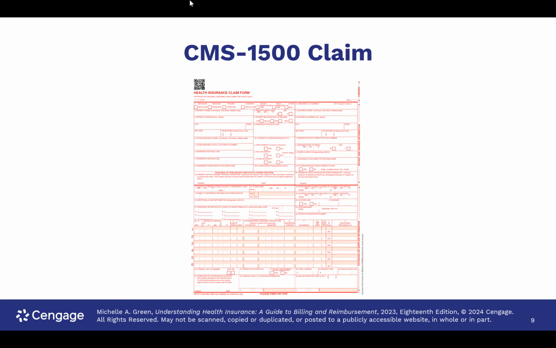And here's an example of our favorite form, the 1500 form. And this is also in your text, and you can see some things that we've talked about in our coursework. Just highlight a few of them.